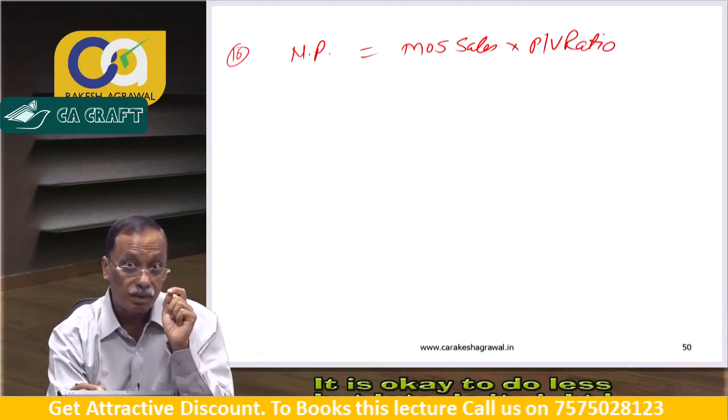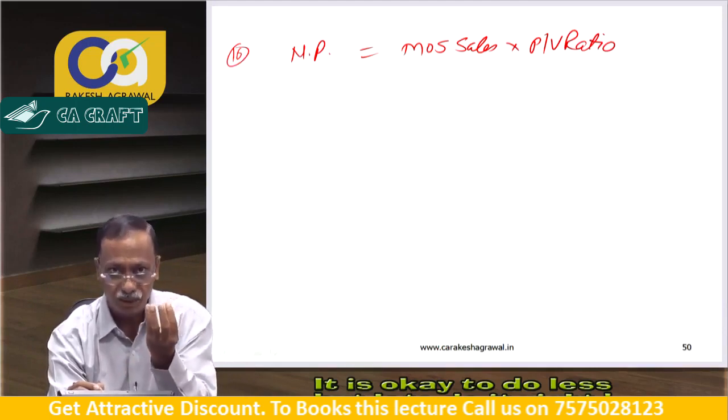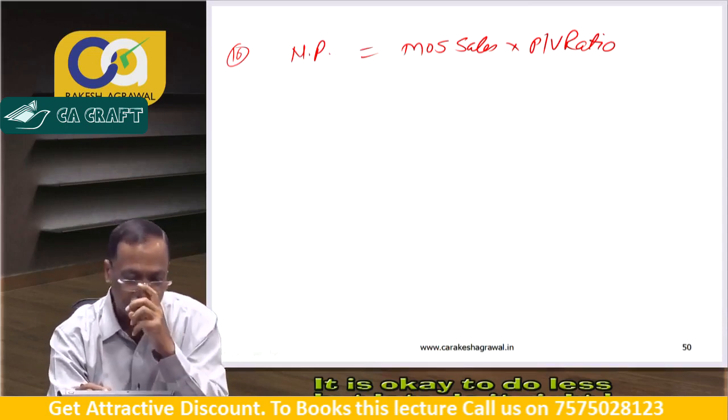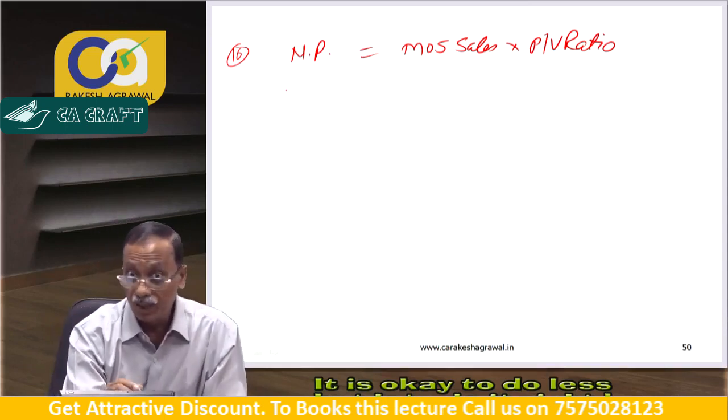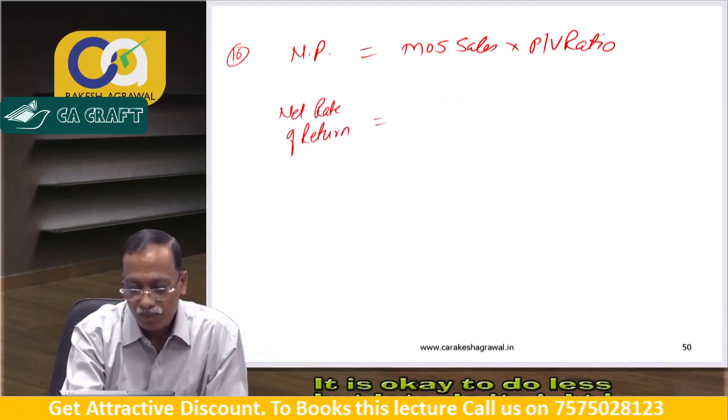I want the answer in percentage, not in amount. This formula will give you the answer of net profit in rupees. We want it in percentage, and we want net of tax. So if I want to convert this formula into net rate of return, net of tax, instead of margin of safety sales, I'll take margin of safety ratio, percentage, into PV ratio.